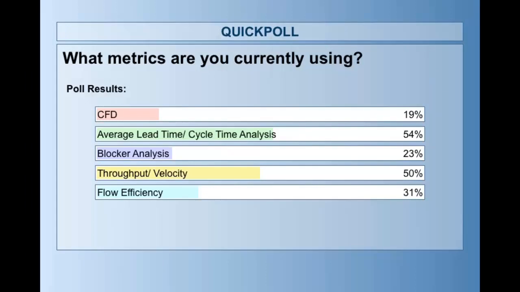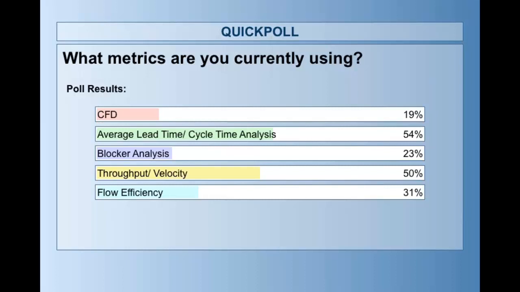As you can see here, we have some interesting results actually. I would have expected the cumulative flow diagram to have higher usage, but it is actually not so much, whereas of course average cycle time and lead time analysis are certainly taking the lead, and also throughput and velocity.